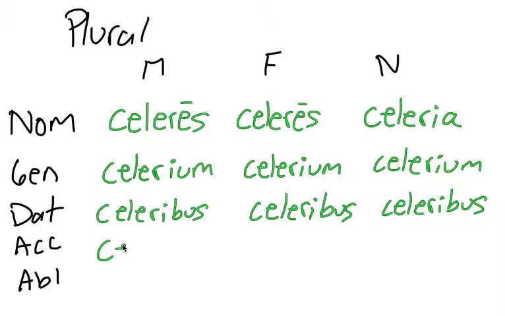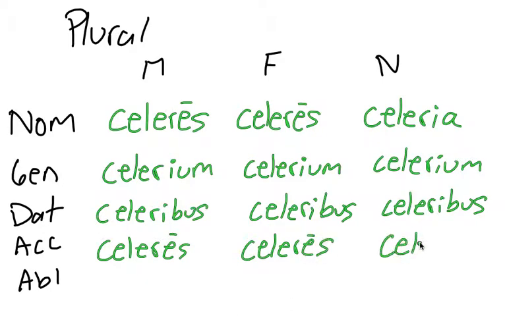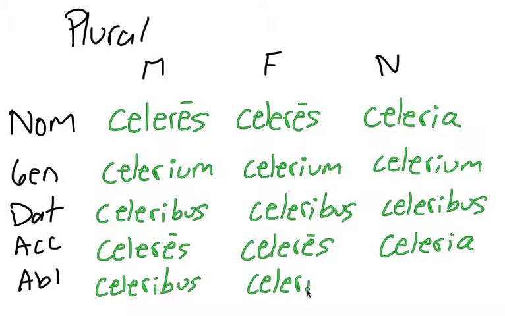Okay, accusative, celeres. Feminine is also celeres, and neuter, of course, is celeria, because remember, nominative and accusative are the same in neuter. And then ablative is the same as dative, celeribus, celeribus, and celeribus.